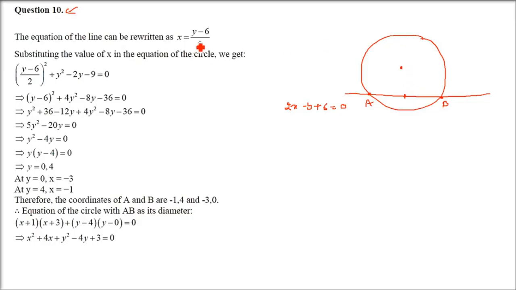So how to get the center? That is in between A and B. See, x square plus y square minus 2y minus 9 equals 0, this is the equation being given in the question. We can see that the center is what? There is no x term. So x is 0. That is, g, minus g is 0. So we'll drop a perpendicular from this center, and the center is known to us.